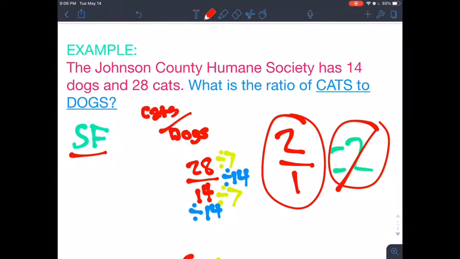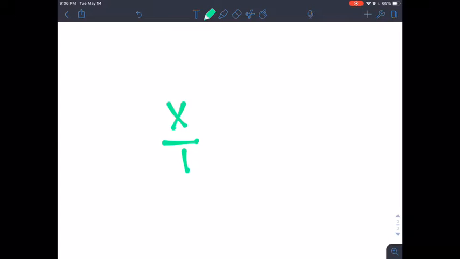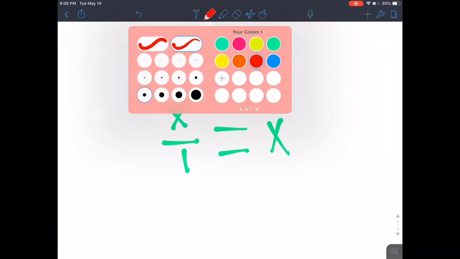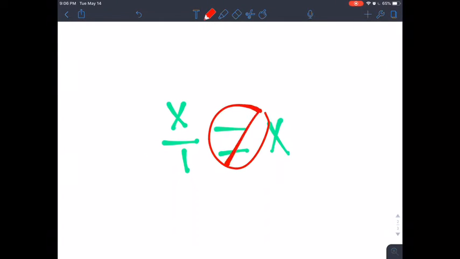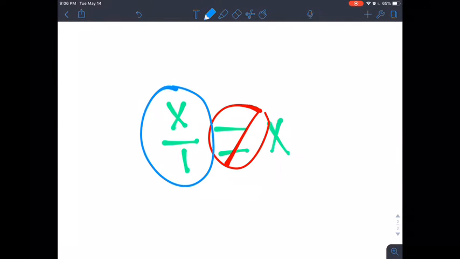This is the same with any ratio that you come to. With any ratio that has a denominator of 1, if it's x over 1, where x is standing in for another number, it is never equal to x. So 4 over 1 would not be 4. Most people think that it would equal 4. That is not correct. It is always x over 1.